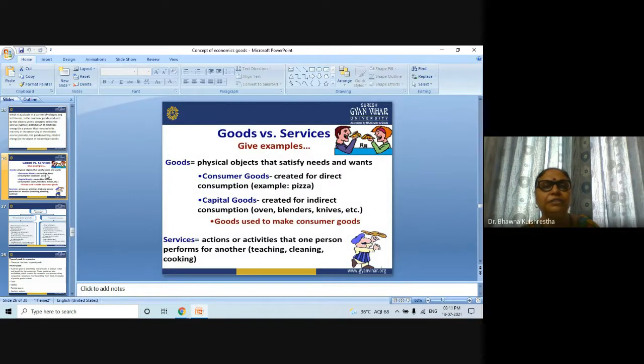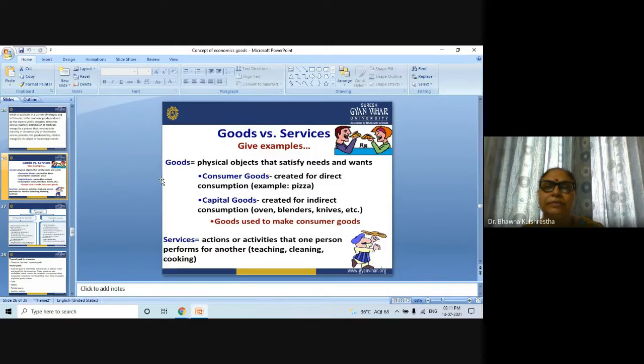And in this picture, goods and services, give example. Goods are physical objects that satisfy needs and wants.